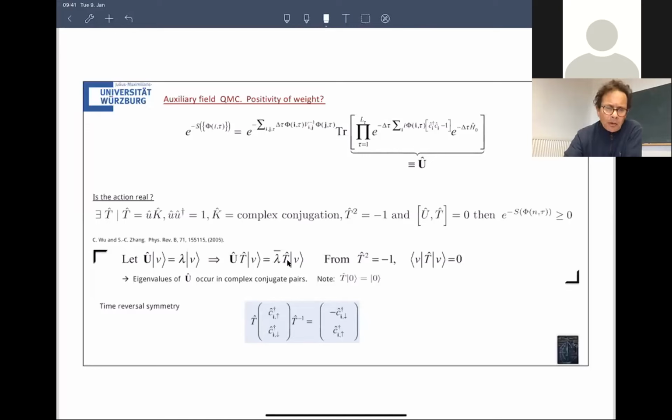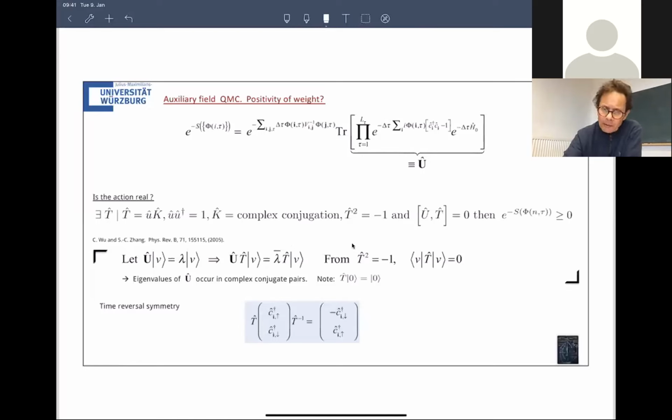So if I can now show that these two vectors, T of nu and nu, are linearly independent, orthogonal to each other for example, then I'm done, because if ever I have an eigenvalue lambda, then I have eigenvalue lambda bar, and multiplying them, the determinant will always be bigger than 0. Now, how do I show that?